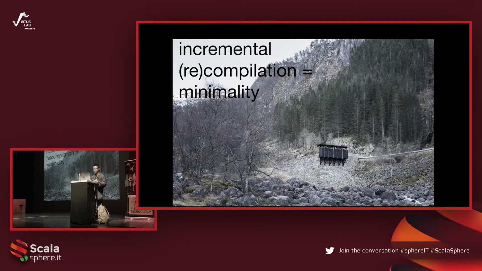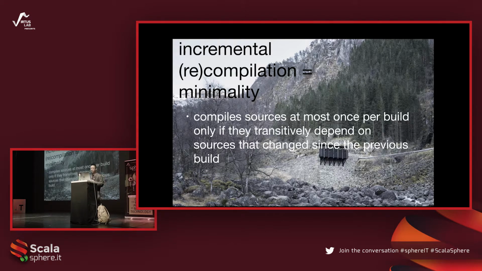We can substitute what I said in terms of compilation: you can think of it as compiling a source at most once per build, and only if it transitively depends on sources that changed since the previous build. That's basically how you can check what it means for something to be incremental.